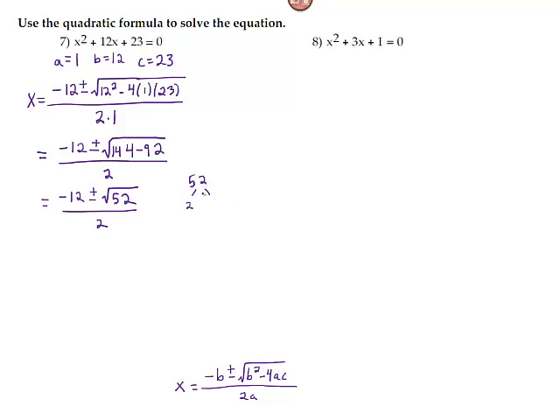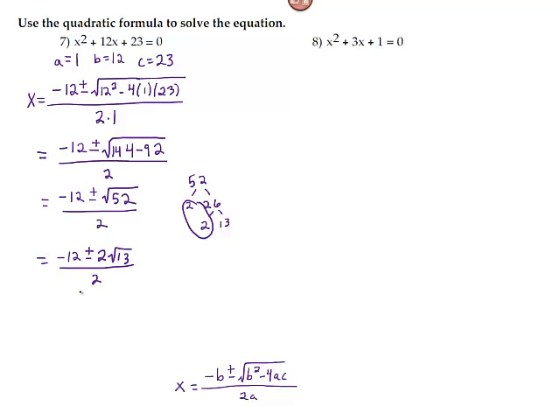I know it's divisible by 2, that's 2 and 26. 2 times 26 gives us 52. 2 times 13 gives us 26, so we can actually simplify because we have a pair of 2's. So this is negative 12 plus or minus 2 square roots of 13 over 2.